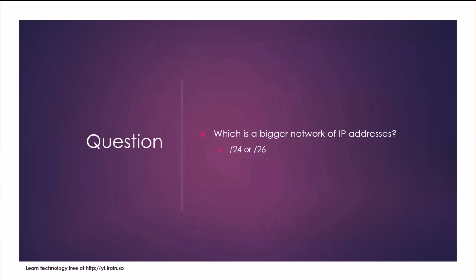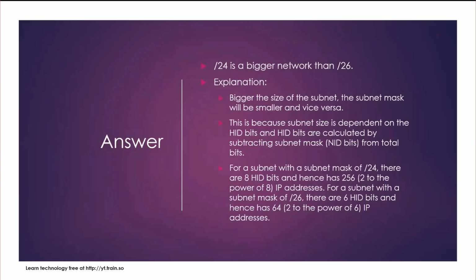So simple question, which is a bigger network of IP addresses, /24 or /26? All of you have answered it correctly. It is 24. /24 is a bigger network than /26. So bigger the size of the subnet mask, the smaller the network will be, and vice versa.